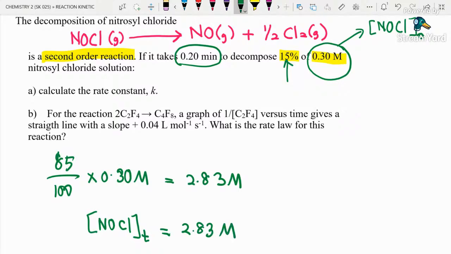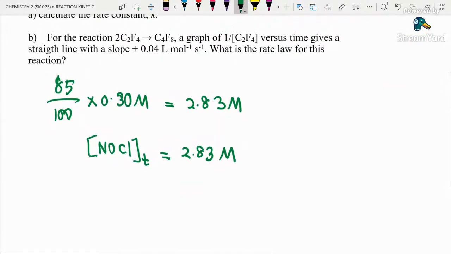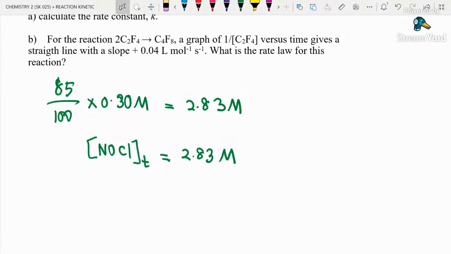So how to calculate the rate constant? And it is mentioned that it is a second order reaction. So apa formula untuk second order reaction punya integrated?